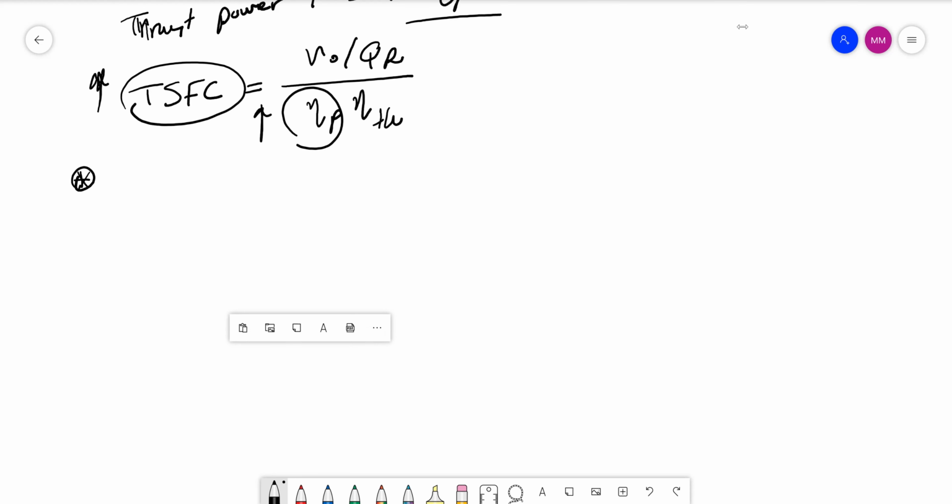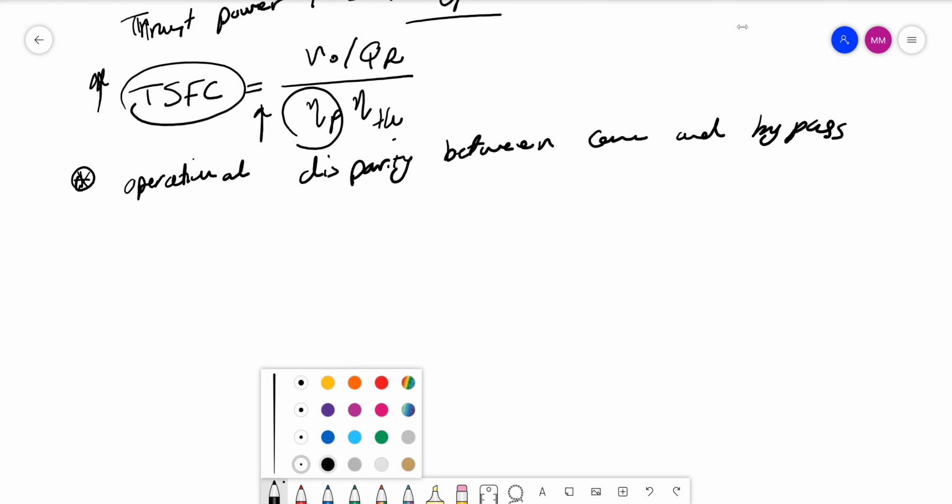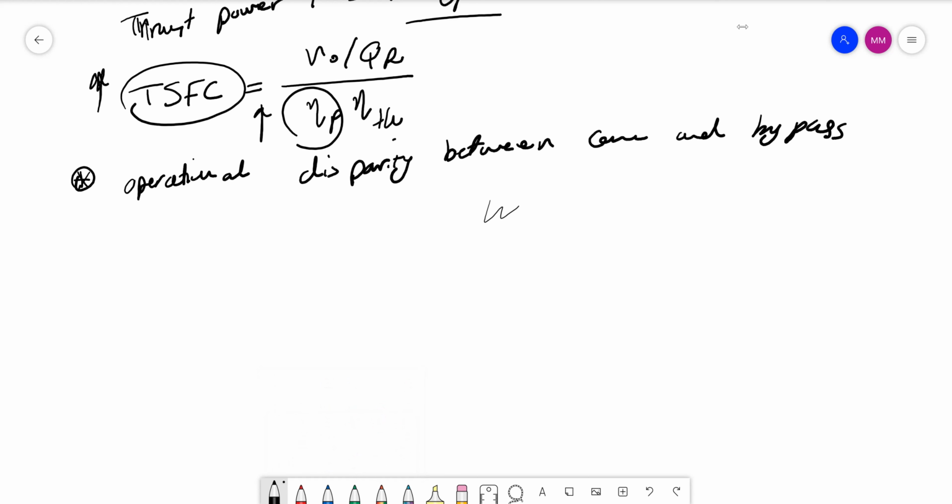The first thing that we had to address before being able to answer these concerns was to fix the operational disparity between the core and bypass.